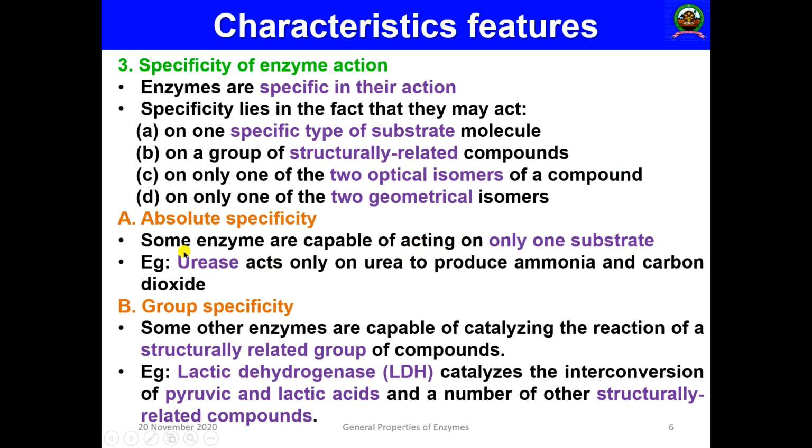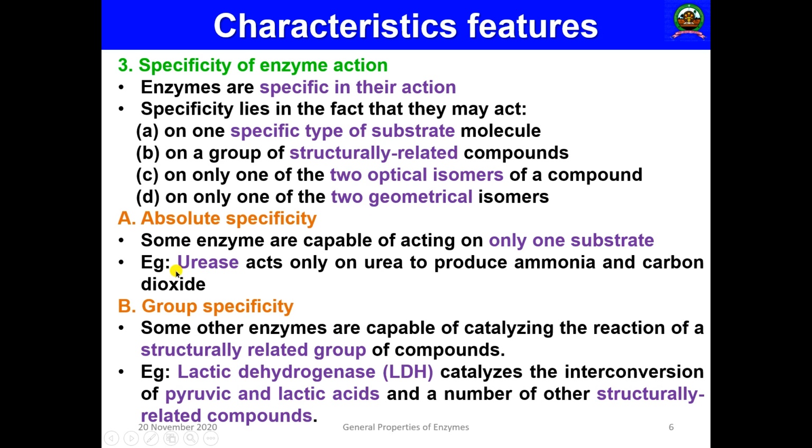For example, the enzyme urease. From a microbiological point of view, it is a very, very important aspect, because the urease test is one of the most important enzymatic reactions used in the identification of bacteria. Urease acts on urea, which it cleaves to produce ammonia and carbon dioxide.